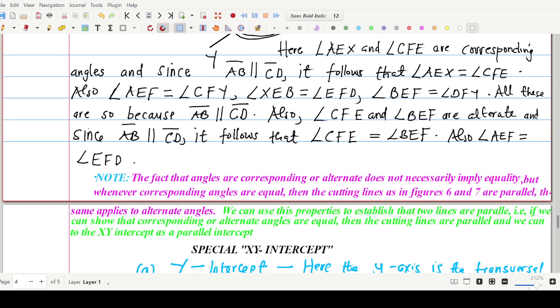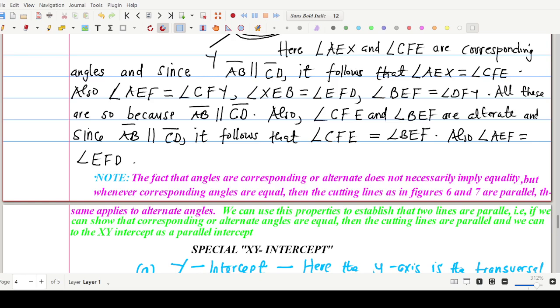But whenever corresponding angles are equal, then the cutting lines, as in figure 6 and 7, are parallel. What does this mean? If angles are corresponding, that does not guarantee that they are equal in size. But whenever corresponding angles are equal in size, there is a necessity. What is it? The cutting lines that form them must be parallel.